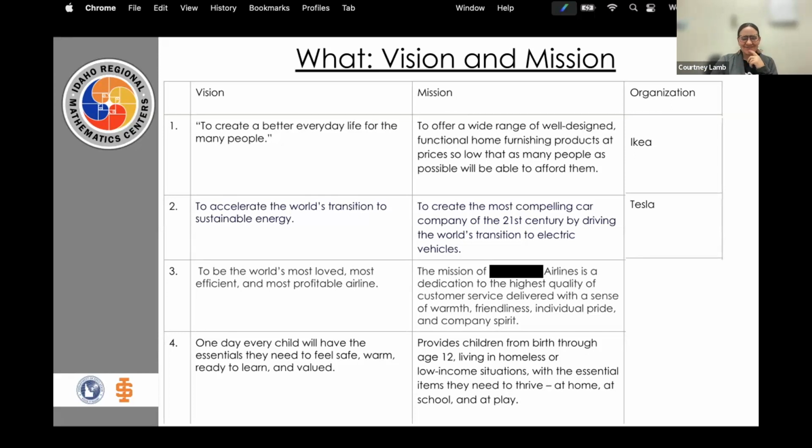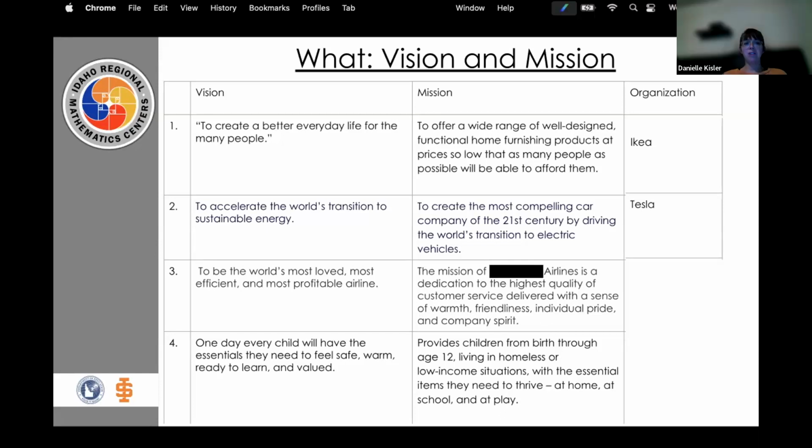Let's look at number 3: to be the world's most loved, most efficient, and most profitable airline. So they kind of give it away there. The mission of blank Airlines is a dedication to the highest quality of customer service delivered with a sense of warmth, friendliness, individual pride, and company spirit. So guesses? Delta?